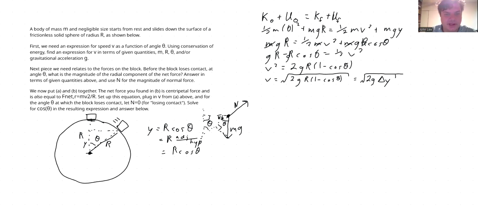Since you have a right angle, these two angles have to equal 90 degrees. So that's 90 degrees minus theta. And because the weight is perpendicular to the horizontal, you're going to end up with theta.